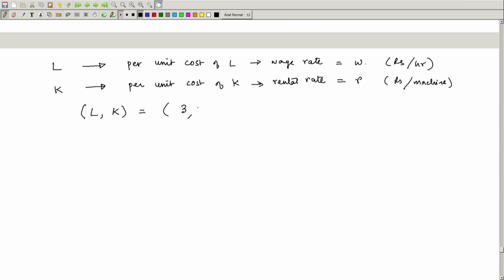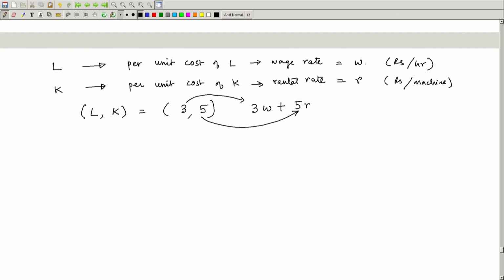Now notice, if the input combination L comma K was, let's say, 3 comma 5, I am using 3 labor hours and 5 units of capital, then the 3 units of labor would cost me 3 times W. I will need to pay the wage rate per hour. The rental rate of capital is R, so for 5 machines, I need to pay 5 times R. So 3W plus 5R would be the cost of this input.